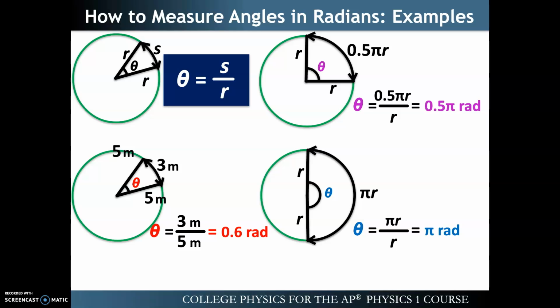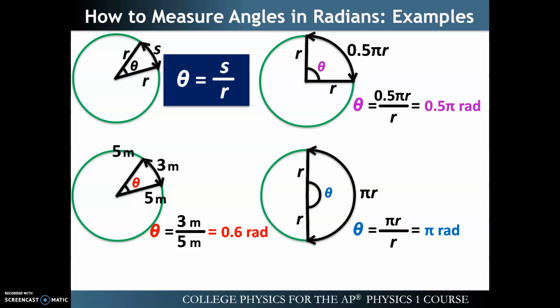So here are some examples of how you can measure an angle in radians. Let's look first here to the right in a very simple situation. What we would normally think is a 90-degree angle, but that's degrees, not radians. Here our circle has a radius r, and since this is a quarter of the circumference, where circumference is 2 pi r, that means that the arc length here is just half times pi times r.